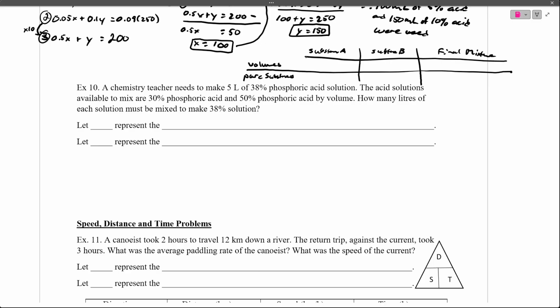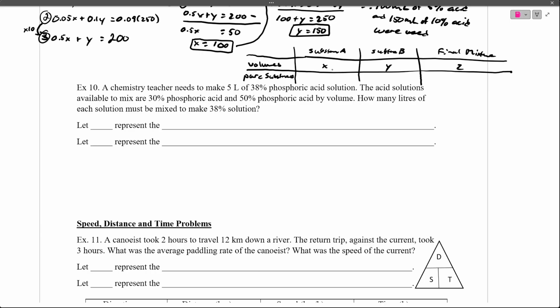And from this information, we're going to be able to pull out our equations. Since we're looking for the amount of each original solution, that means that's the volume. So we want to know how much of substance A did we add and how much of substance B did we add. And when we combine those together, we get some total final mixture, let's say Z.